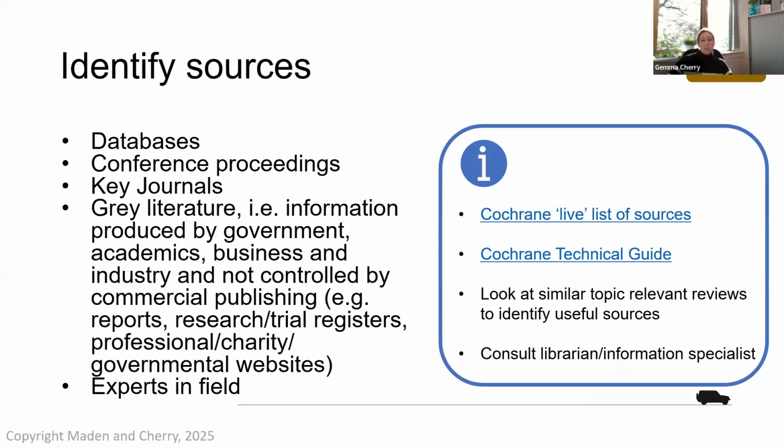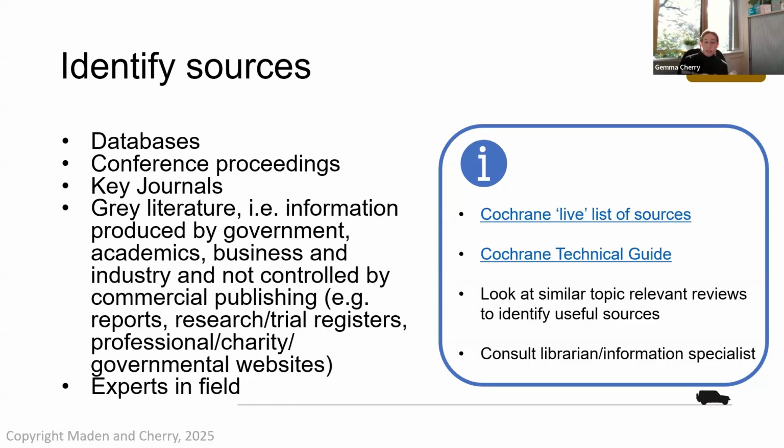So the first step is to think, what kind of evidence do I need to answer my question? Again, this is going to be quite discipline specific. I mostly conduct research in health and social care. So the bread and butter for us is peer-reviewed journal articles or unpublished dissertations, PhD theses.